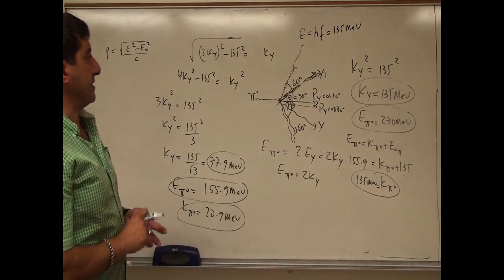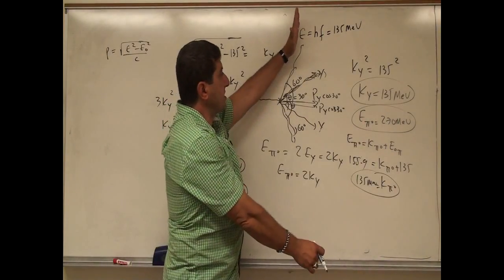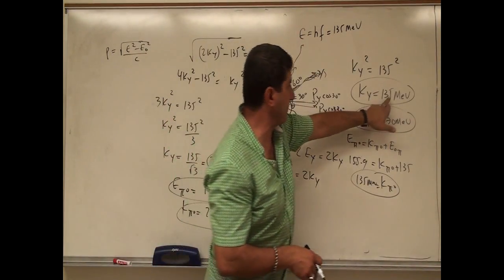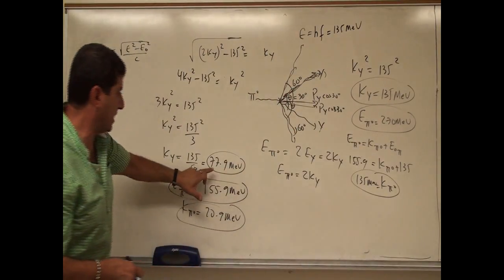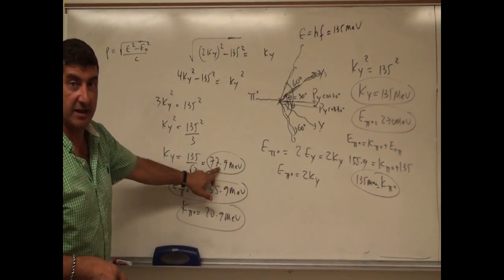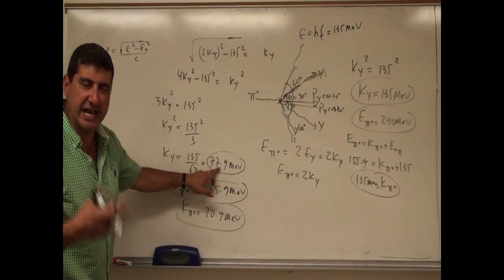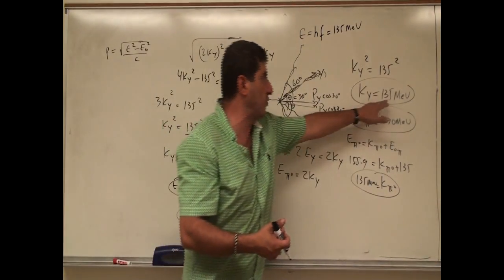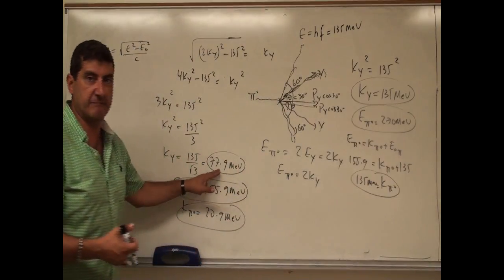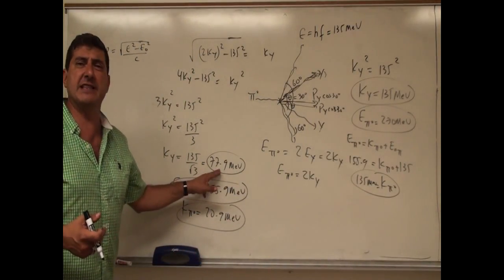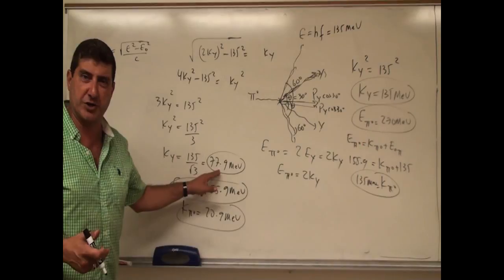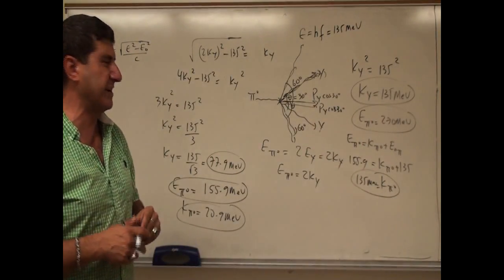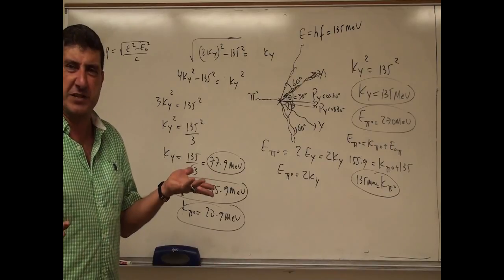So now what's going to happen? If it's 60 degrees, the kinetic energy of the gamma particle drops from 135 all the way down to 77.9. So what is actually happening to that gamma particle? Its frequency is dropping by the ratio of 135 to 77.9. So it's going to be a little bit less dangerous of a gamma particle. The frequency drops from 135 to 77.9, so that's about a half drop of frequency.